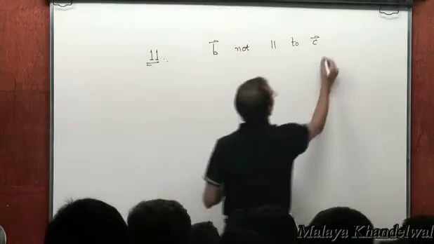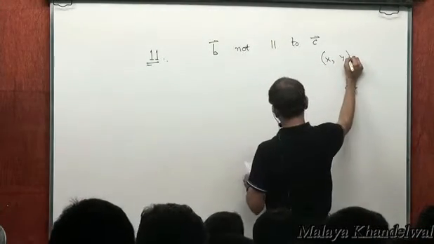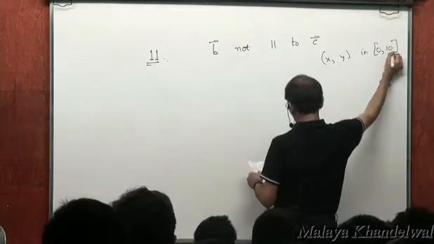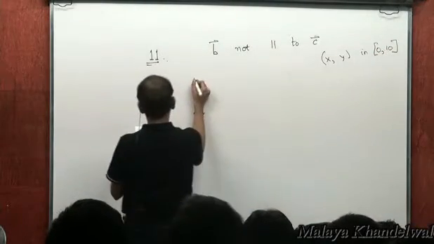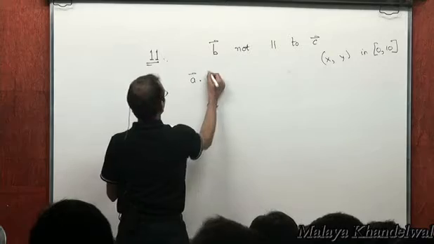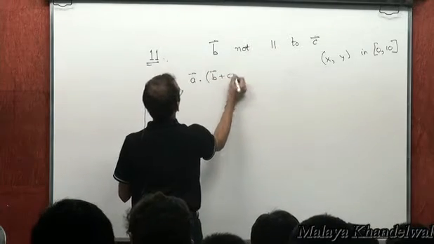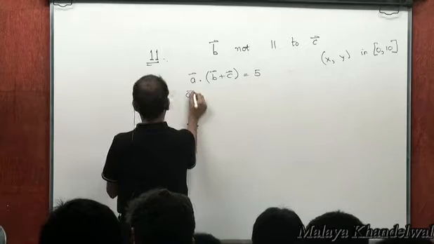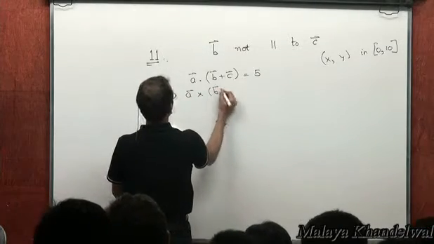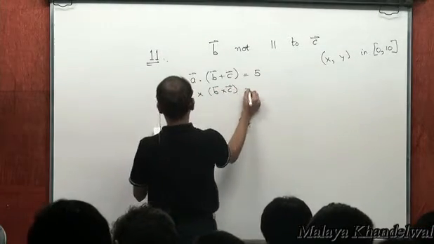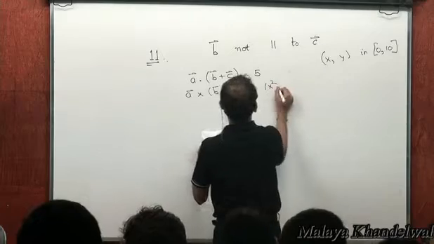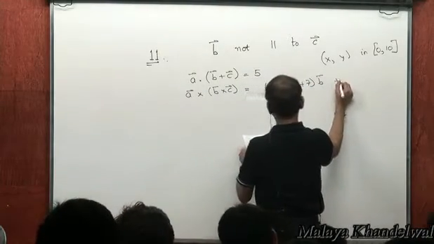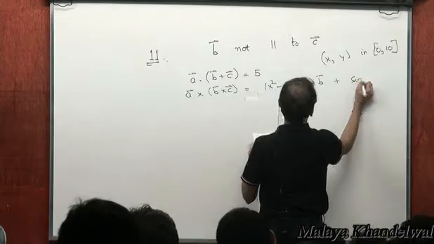We want to find the number of solutions x, y in 0 to 10 of the equation a dot b plus c equal to 5 and a cross b cross c equals x squared minus 2x plus 7 b plus sin y c.